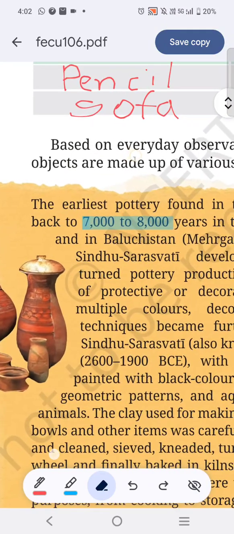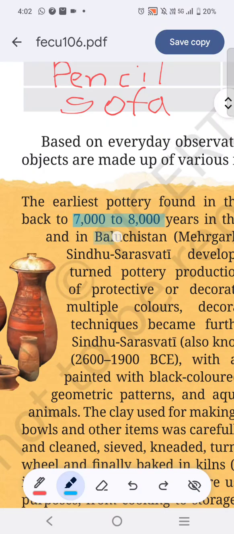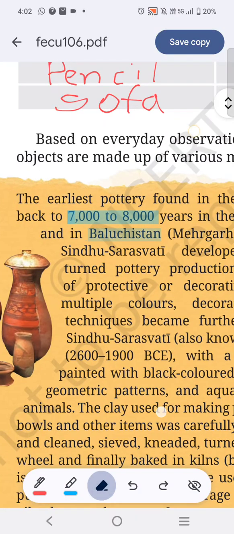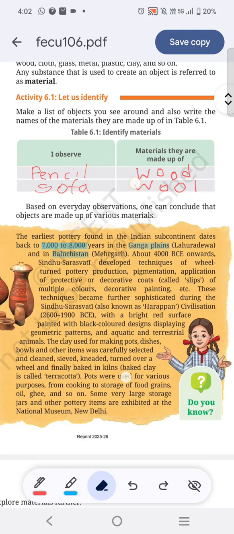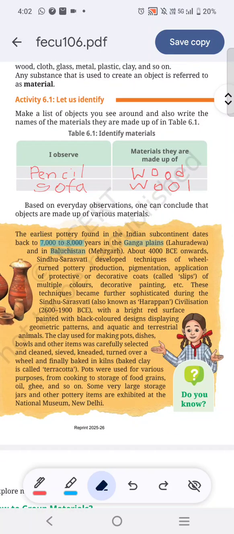It's also found in Balochistan, at Mehrgarh. About 4000 BCE onwards, the Sindhu Saraswati people, groups of people called janas, developed techniques of the wheel.